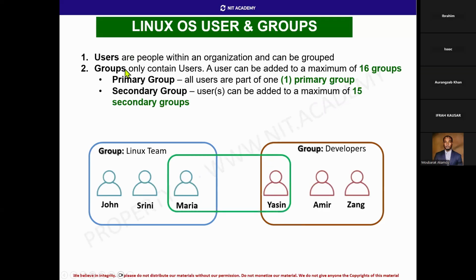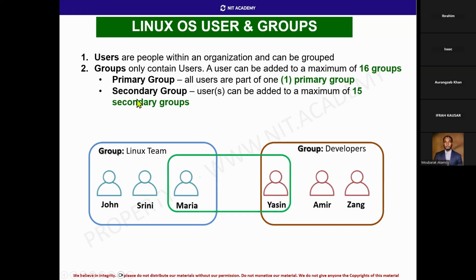Groups, guys: primary group. All users are part of one primary group, which is what? Lab user. The group you have been given is the name of your own name.